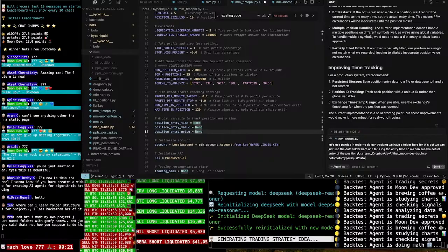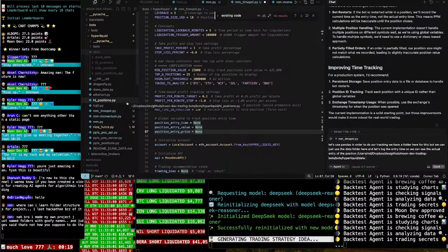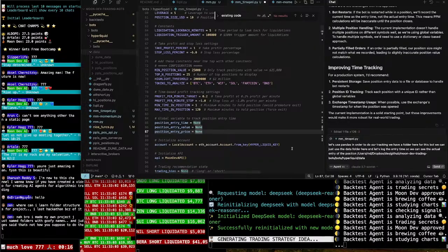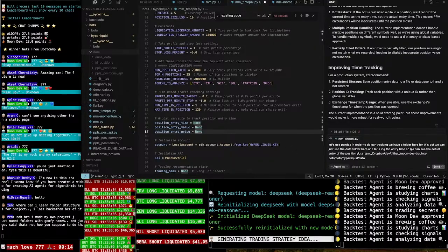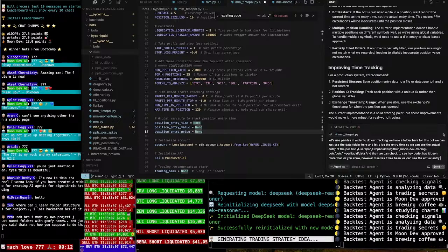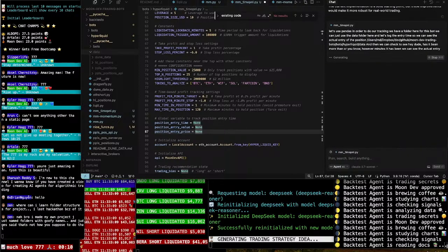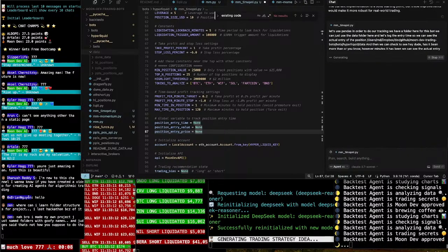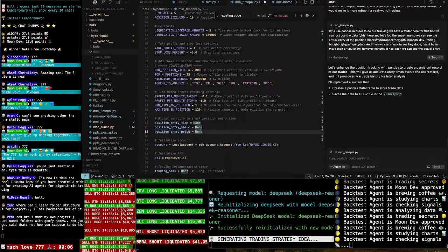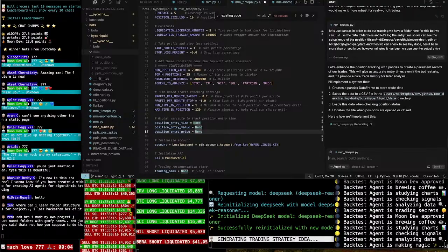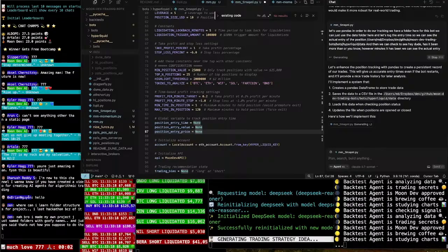And then we can check to see if it has been more than however many minutes it has been. We can see the actual entry.